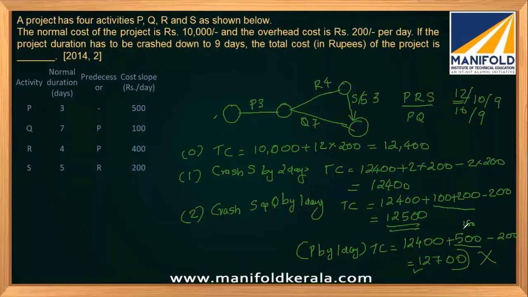But anyhow, in this case it is not happening. But if there is a common factor which can be reduced, you have to check that also, take it into account, do the calculation and see which is the minimum. That is how you do it. So for the current case, the answer will be 12500, and if you get it right, you will get 2 marks.